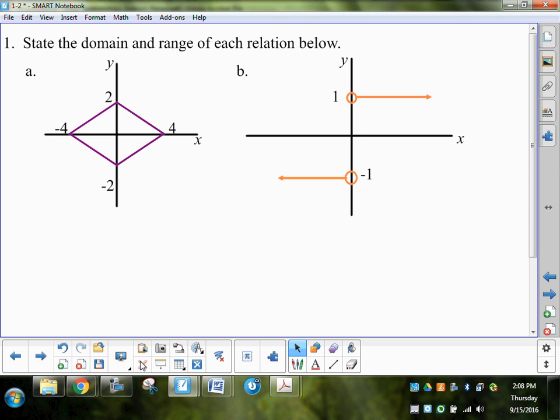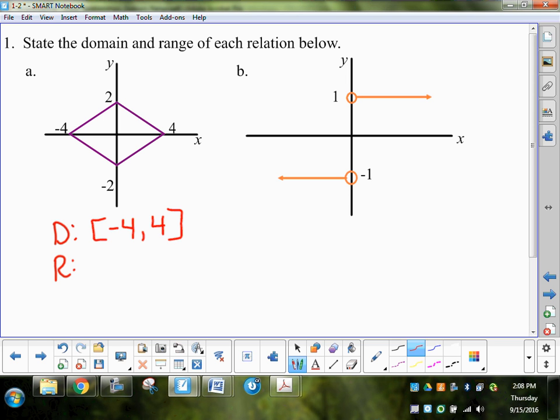What would our domain and range be in 1A? You want to do the domain, Mike, or the range? What's your domain going to be in interval notation? Terrific.